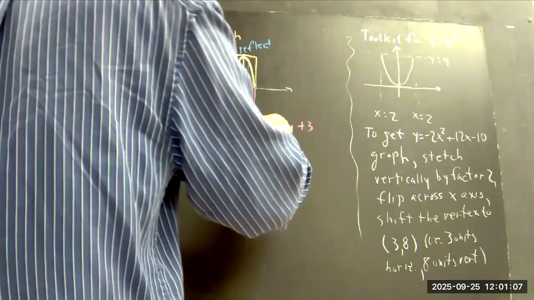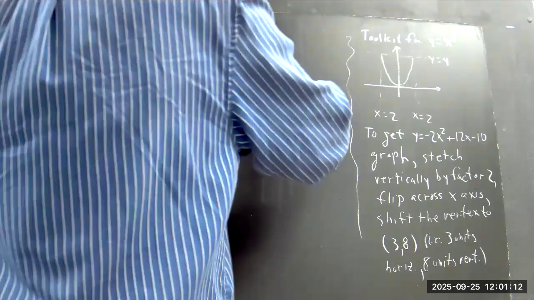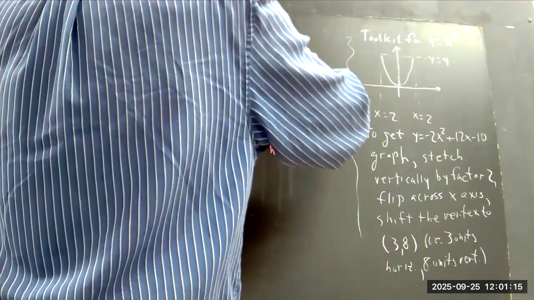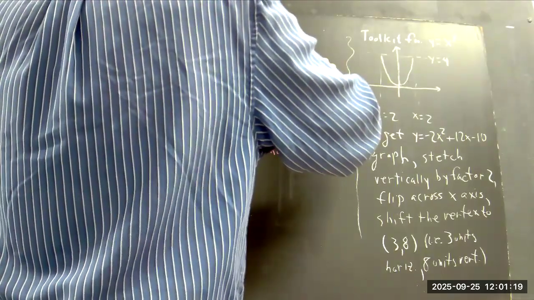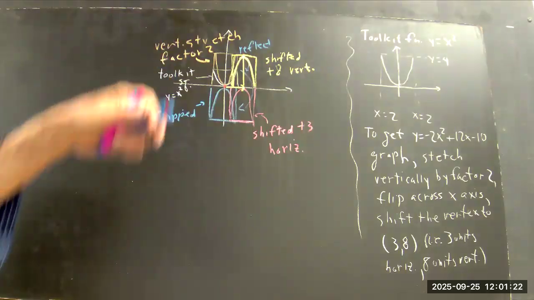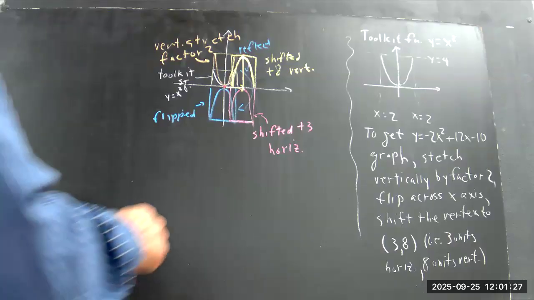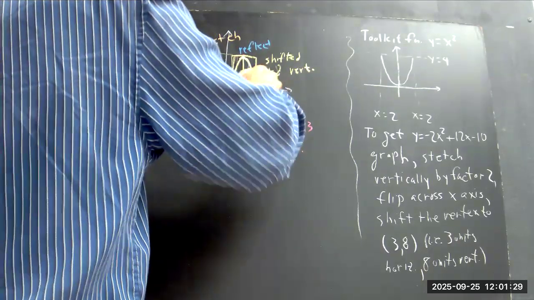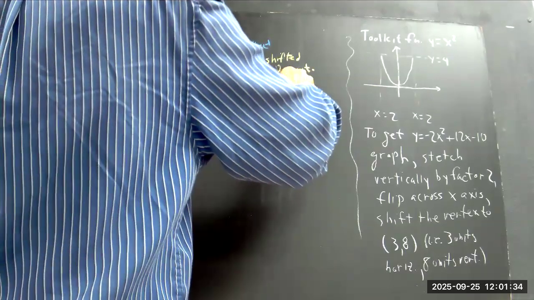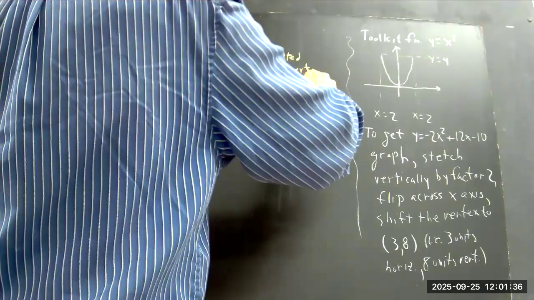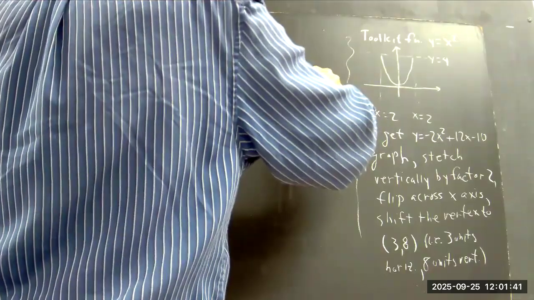Shifted +3 in the horizontal direction. And now shifted +8 in the vertical direction. And this is the graph of y equals -2x squared plus 12x minus 10.